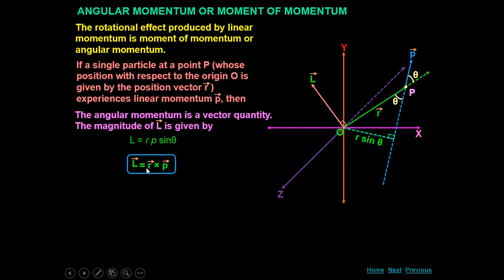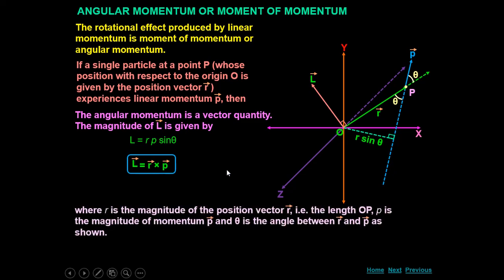So L vector equal to r vector cross p vector. This is how we should understand the concept of angular momentum or moment of momentum.